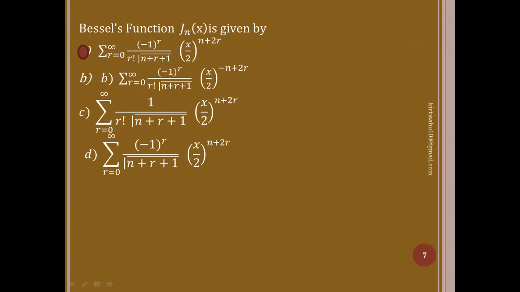Then there should be minus 1 raised to power r. Then x by 2 raised to power n plus 2r, so 2r must be there. And then r factorial and gamma of n plus r plus 1. So this is the correct expression. In the remaining expressions, you find certain terms missing or something wrong. So option A is the correct one.